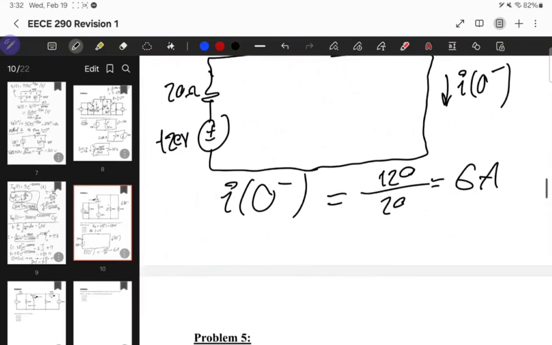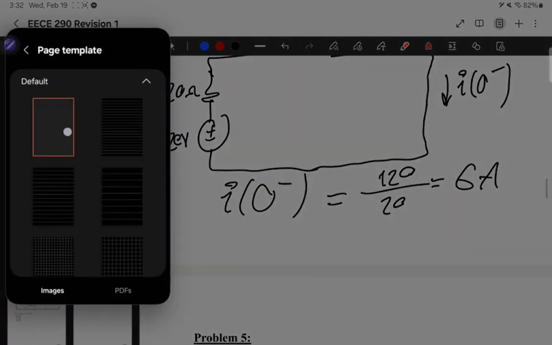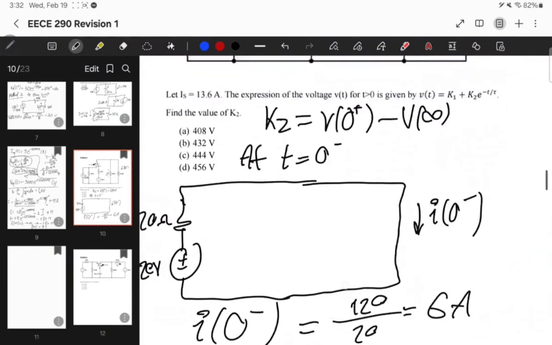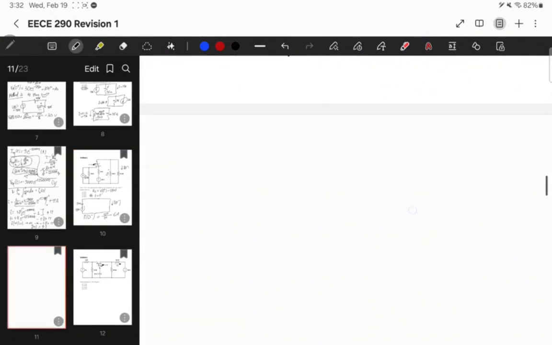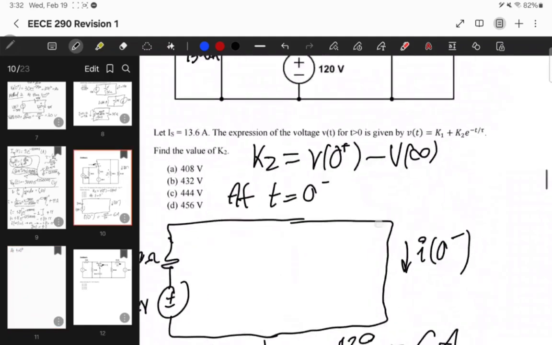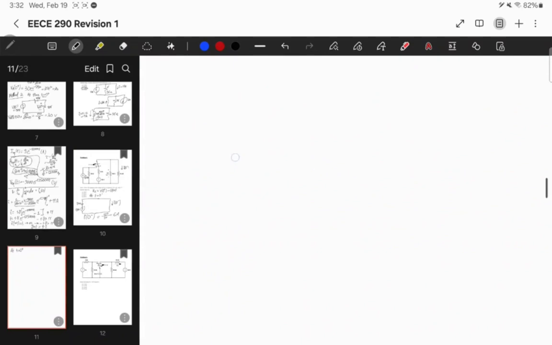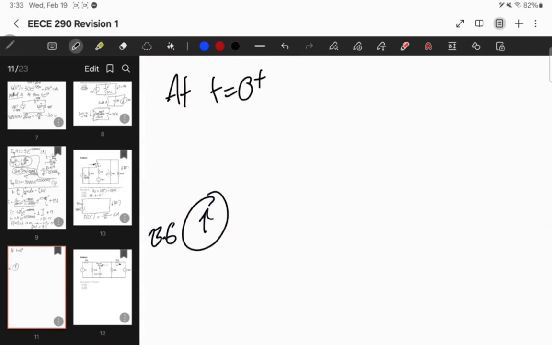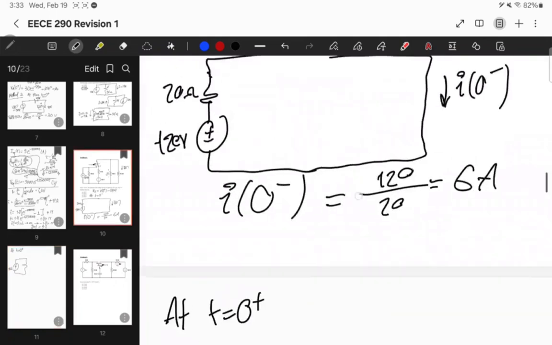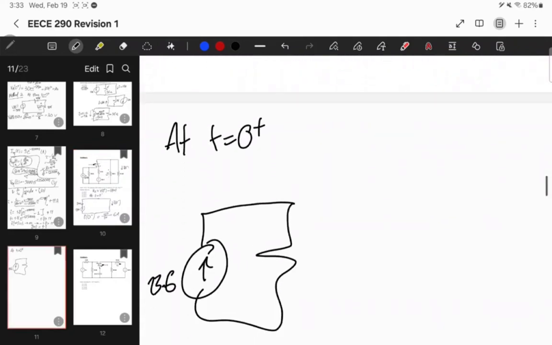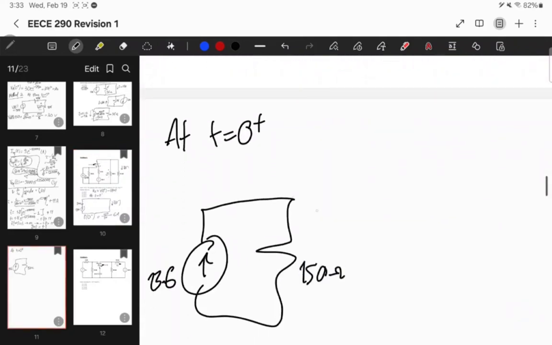Now, I got the initial current through the inductor, and it will carry over to 0 plus. So at t equals 0 plus, right at switching, we switch the circuit and we have this current source, 13.6. The resistor right here is 150 ohm.